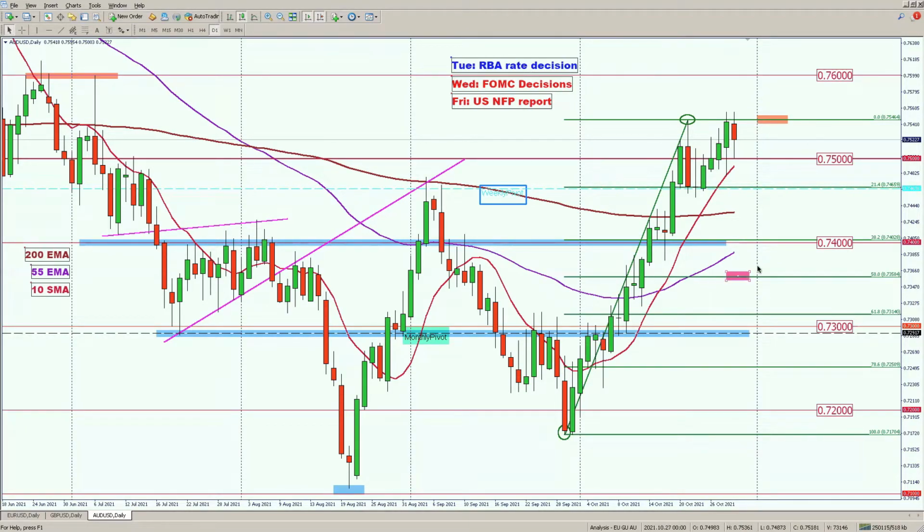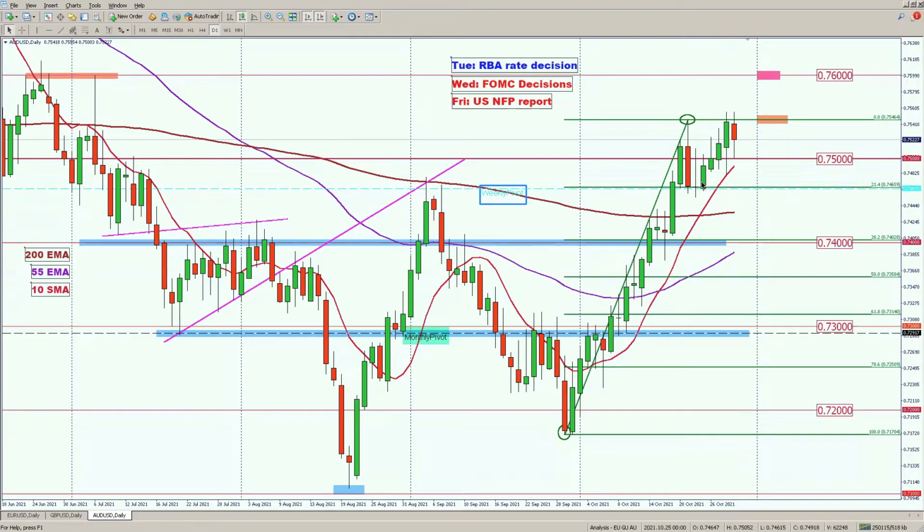This didn't happen, so if it does break out higher, there is major resistance up here at 0.76. This is the only pair that did not pull back lower below the 21 fib retracement.